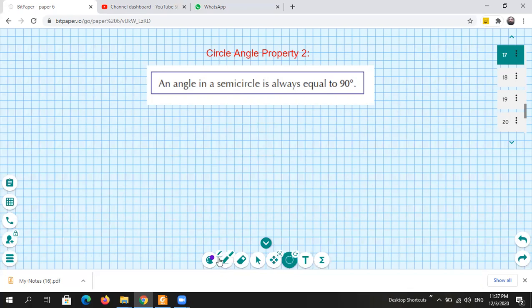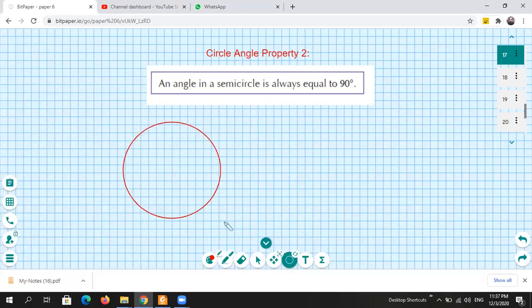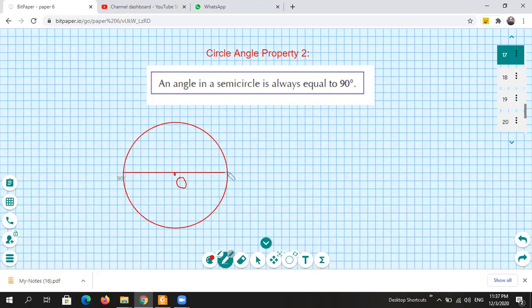So if I made a circle, suppose this is a circle and this is a center O. Semicircle will be formed when I make a diameter. Suppose this is the diameter of the circle. Now we have two semicircles.